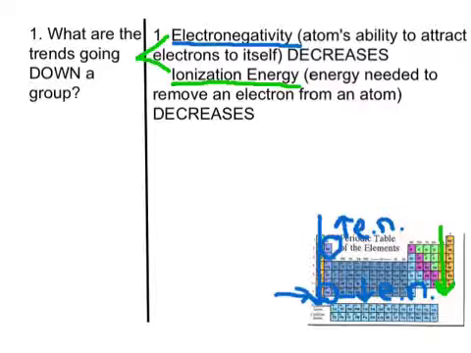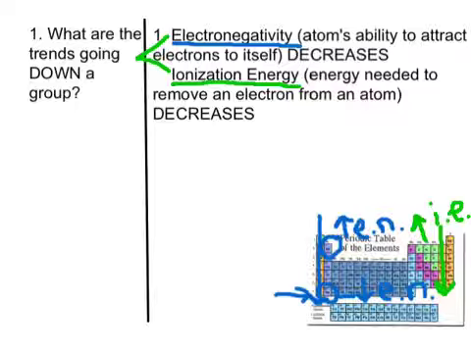That makes sense because the ones up on the top have high electronegativity. That means they want electrons and don't want to lose them. So the ones on the top are going to have high ionization energy as well, meaning it's going to take a lot of energy to try to remove an electron.